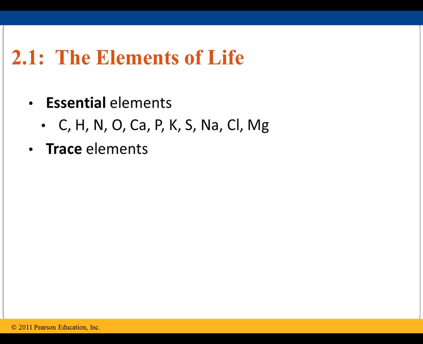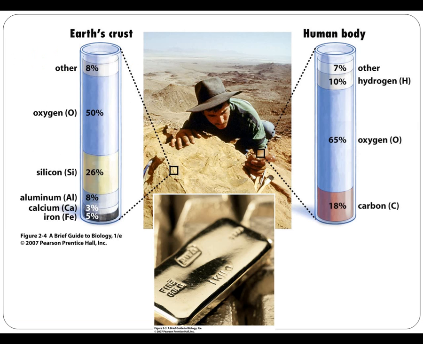And we'll find these in larger quantities. Some elements are considered to be trace elements, and we need these in minute amounts, tiny amounts, so trace amounts. Like iron, an important element.